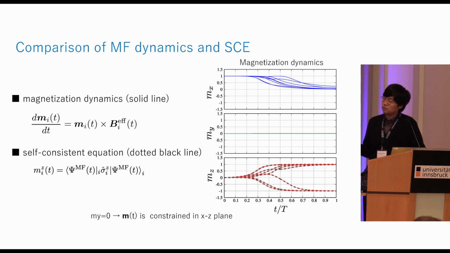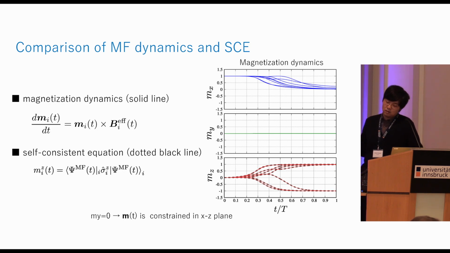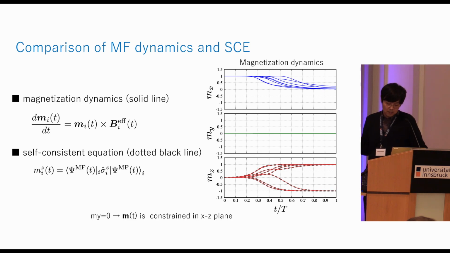So this result shows the dynamics and the self-consistent equation are the same. Moreover, the Y component of the magnetization is always 0. So it means the magnetization dynamics is constrained in the XZ plane. So the spin precession is completely suppressed.